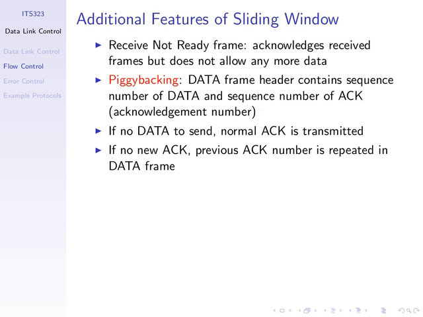Piggybacking is combining these two frames into one frame to save some transmission time. This ACK is 20 bytes to transmit. The data frame has a header of 20 bytes plus the data. With piggybacking, we can combine the two frames into one.